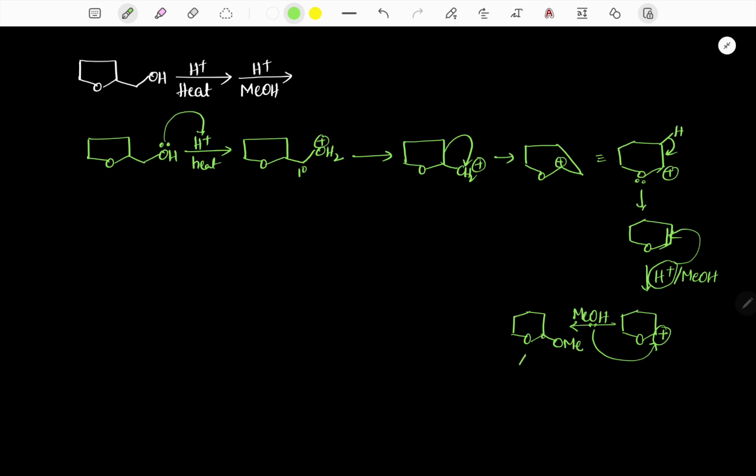So this is an acetal. So here the first reaction is dehydration. The second reaction is electrophilic addition, because the alkene reacts with H plus followed by a nucleophile.